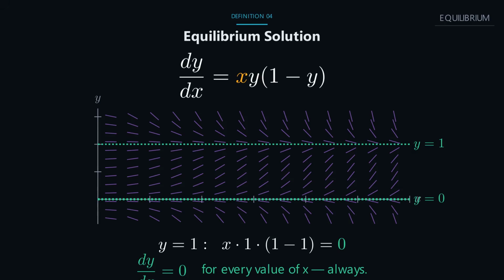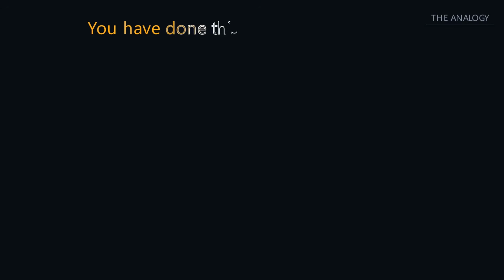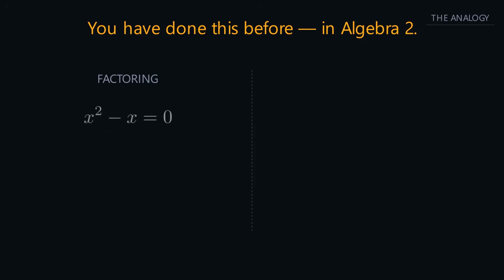We did something similar in Algebra 2 for a while now, actually, with factoring. And factoring will come into play a lot here in differential equations, as you'll see soon. But in factoring, we're taking usually a polynomial or a quadratic equation, and we're trying to find a solution in which x is 0.